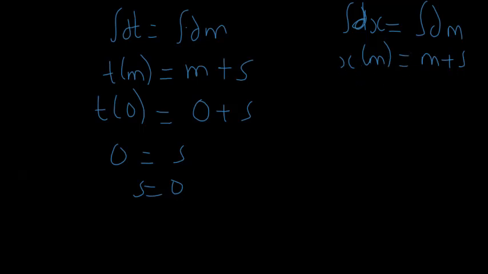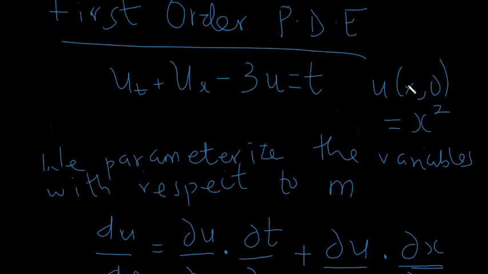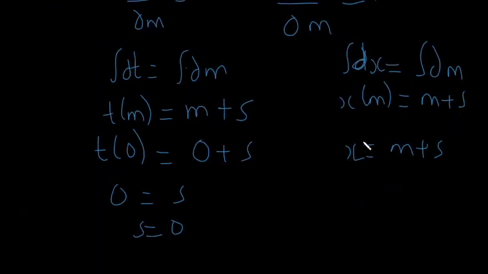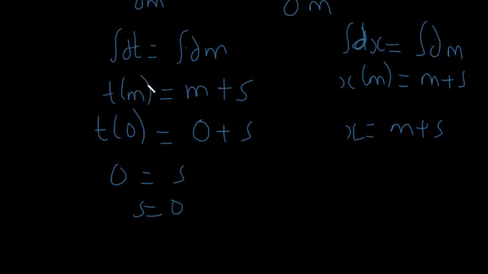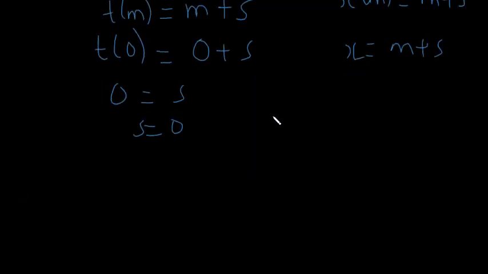This is going to be just x is equal to m plus s, all right? You don't touch it because x is always varying. There's no constant value that it has that you can look for, okay? Yes. So s is 0 over here, so you can actually simplify this and get t being equal to m. So this implies that t is equal to m.